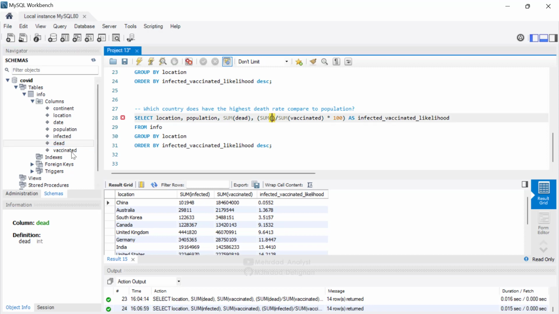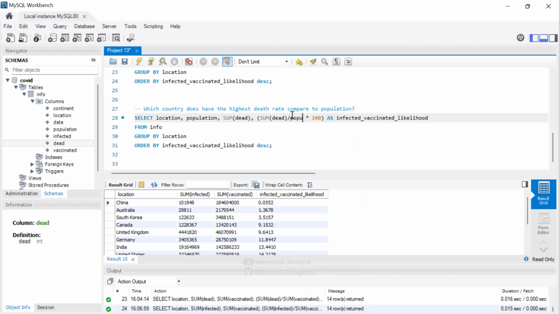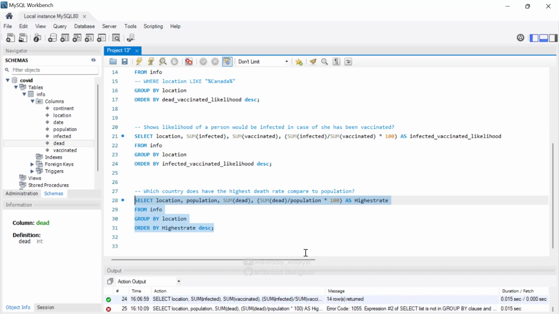Here, sum dead in the population, and it is the highest rate, and this one based on the location should be grouped. I call it, oh, there is a mistake. Yeah, I just need to put the population here, and now it should work.